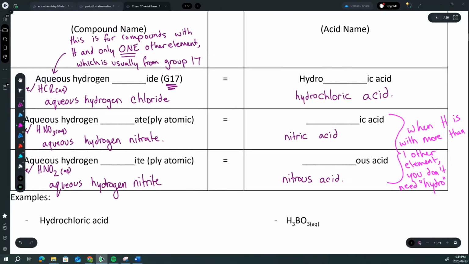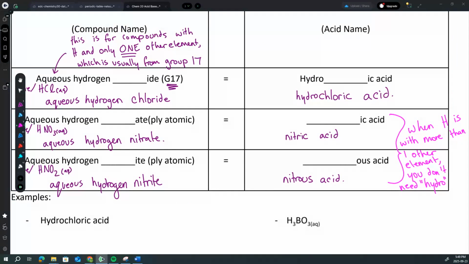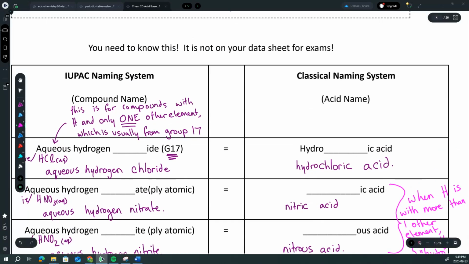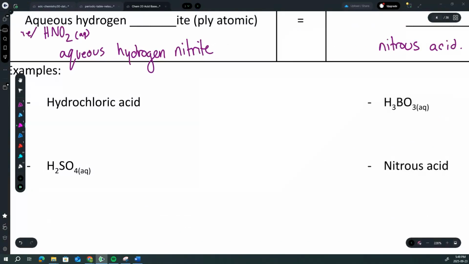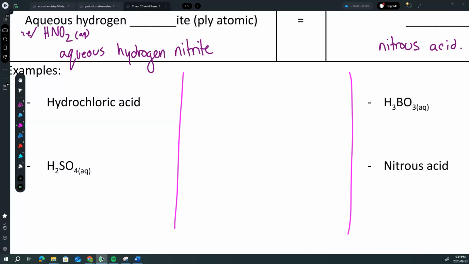Okay, so how are we going to remember how to use this classical naming system? I'm going to have to squeeze in my little trick in the middle here.